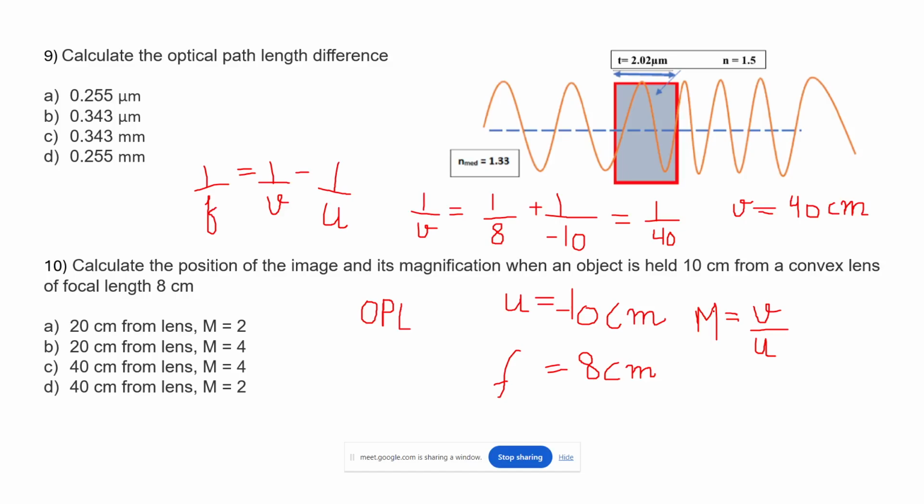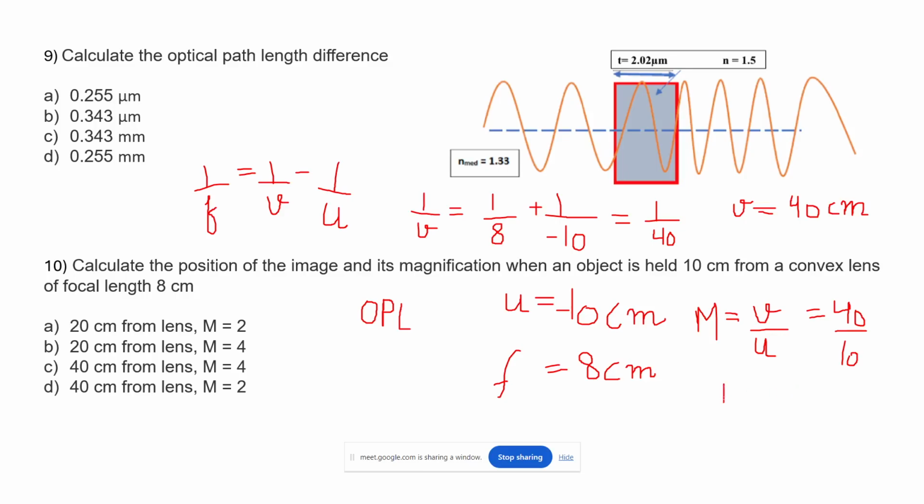So magnification is given by the position of image divided by the position of object. The position of image we have just now calculated as 40, and the position of object is already given to us as 10. Both have the same unit, centimeter by centimeter, so they'll cancel out each other.